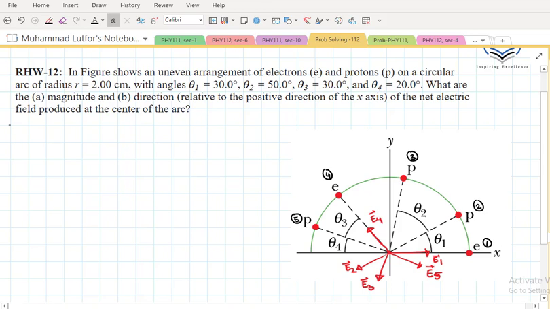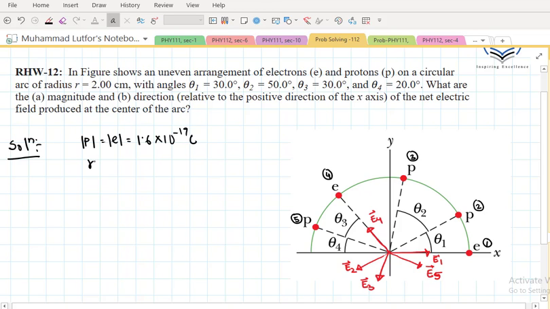I know that the magnitude of the charge of each particle is the same, because the charge of the proton or the electron is basically equal to 1 elementary charge, which is 1.6 times 10 to the minus 19 coulomb.